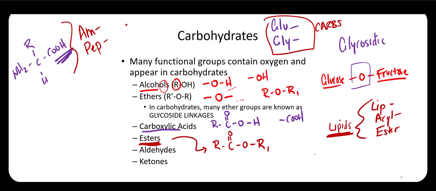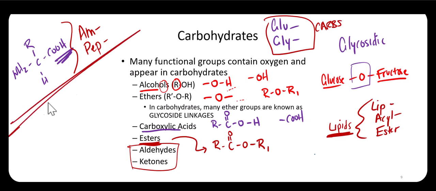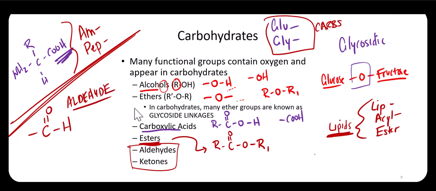So anyway, that's that. Last two we've got to do on this slide are aldehydes and ketones. So we talked about them a little bit with carbs. My aldehyde is a carbon double bonded to an oxygen, single bonded to a hydrogen. And we saw that turned into an aldose, an aldehyde alcohol. Same idea, I replaced the hydrogen with something else.